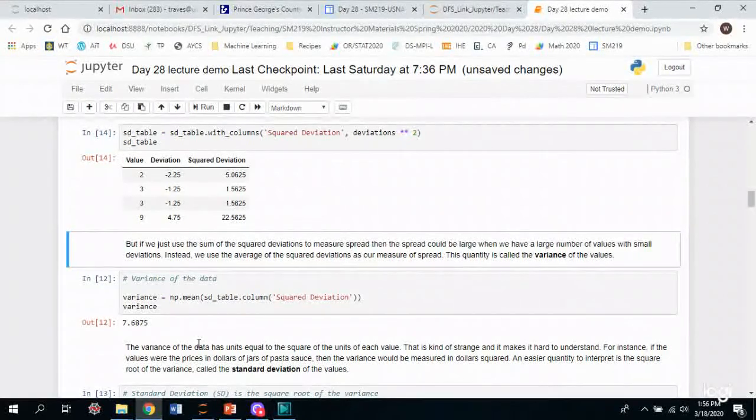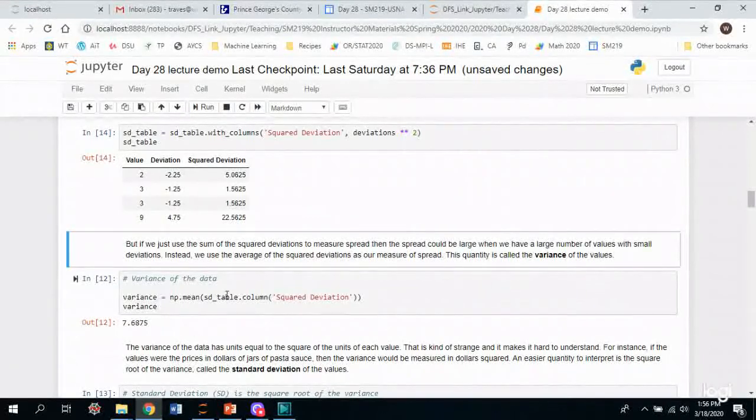On the other hand, you could have a large sum of squared deviations not because you had a lot of spread, but because you had a lot of observations. We'd like to factor out the effect of having a lot of observations, and one way to do that is to take the average value of the squared deviations instead of just the sum of the squared deviations.